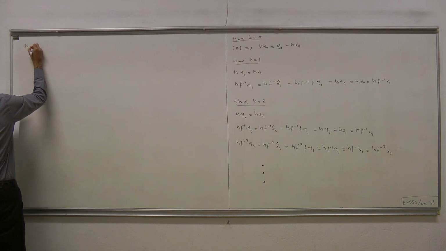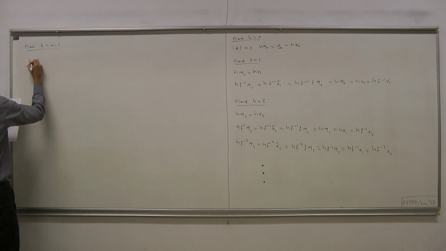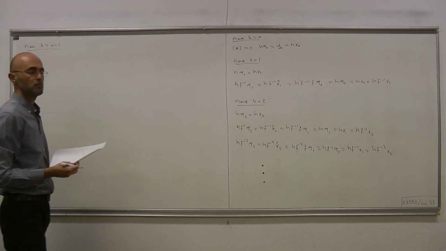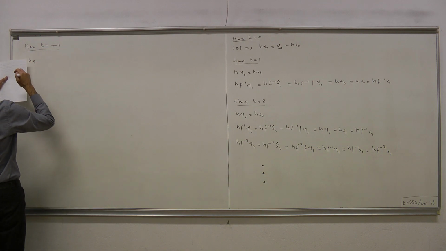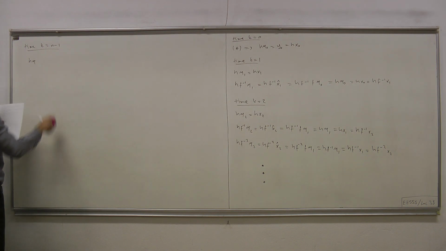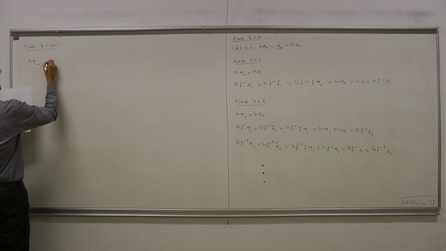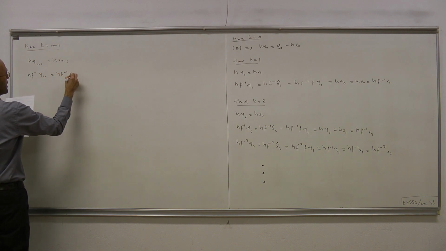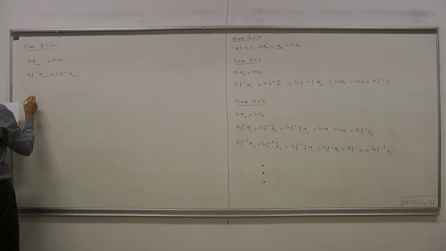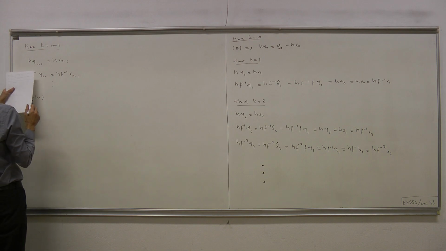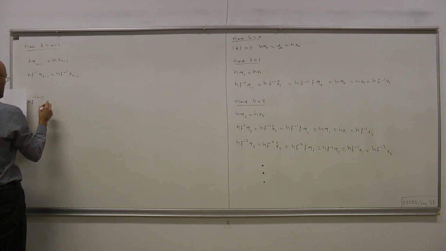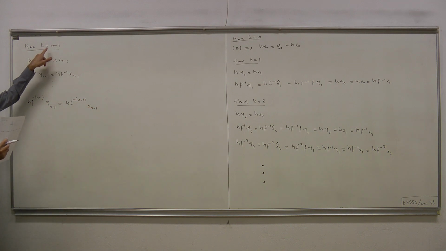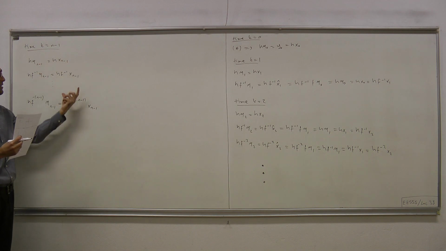By the same reasoning, and always resorting to the set of equations that we denoted by star, we can write that at time k equals n minus 1, h eta n minus 1 equals h x n minus 1, hf inverse eta n minus 1 equals hf inverse x n minus 1, and so on, hf inverse applied n minus 1 many times to eta n minus 1 equals hf inverse n minus 1 times x n minus 1.